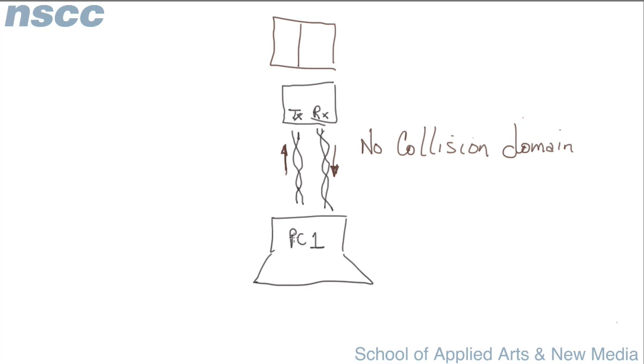There's no possibility for collision, because between the PC and this port, it can transmit as fast as it wants, and all the frames simply get stored up in the transmit buffer. They don't go anywhere but the memory. And if information has come in the receive buffer, it's going to come down in these receive wires and can go directly to the PC.